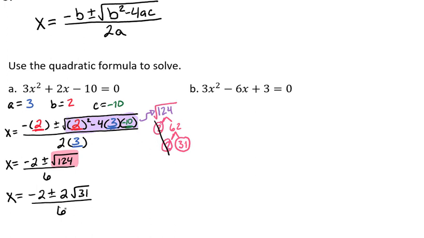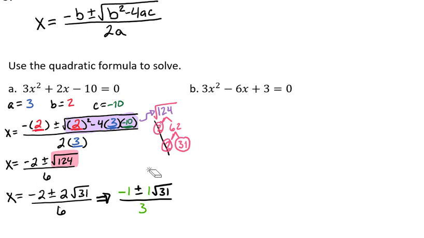Depending on what your teacher wants, they might let you leave it like that. But because the 2 and the 6 have a number in common, you might need to reduce that. So that could turn this into negative 1 plus or minus 1 times the square root of 31 all over 3.